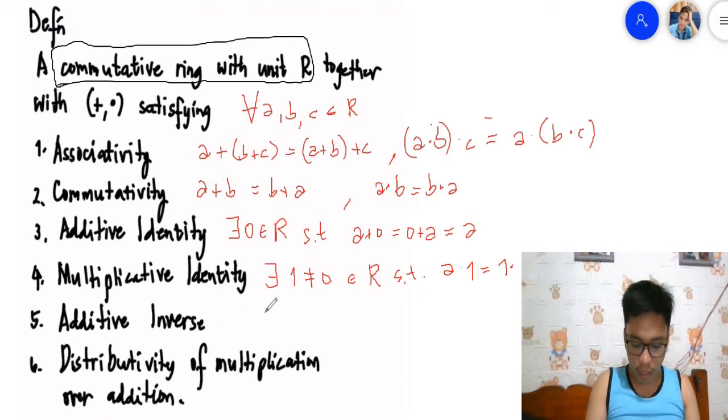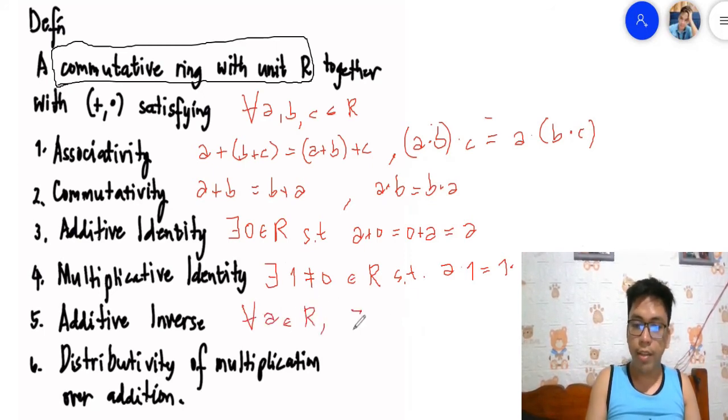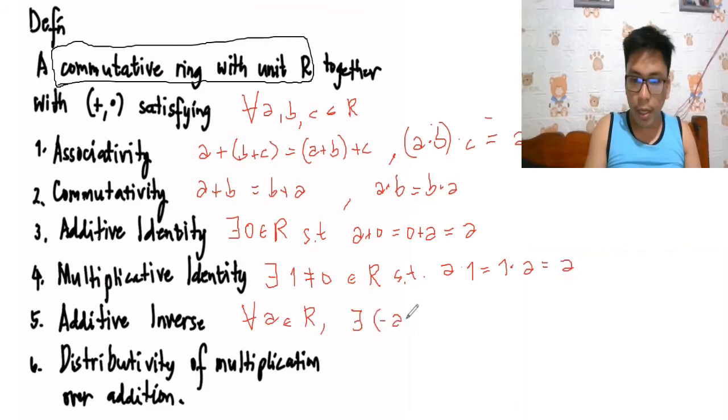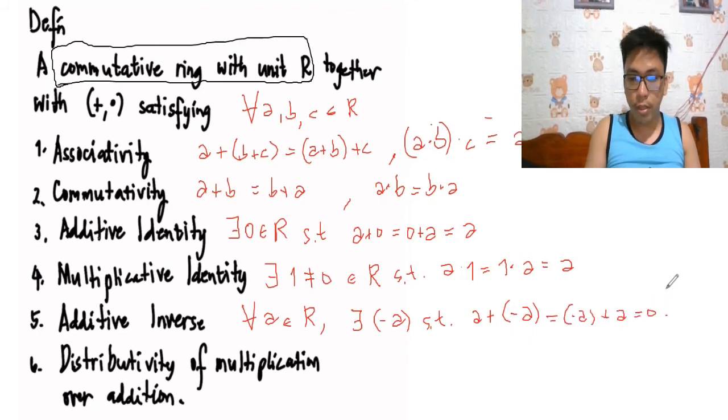And for the additive inverse, for every a in R, there always exists an additive inverse, denoted by minus a, such that a plus minus a is the same as minus a plus a, and that's equal to 0.